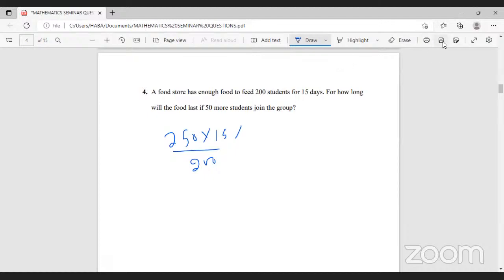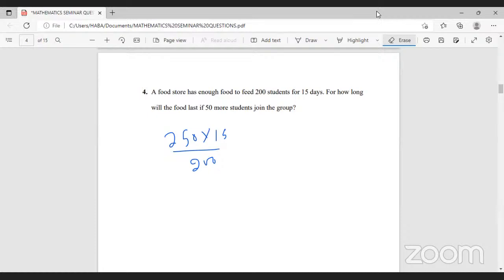What value shall we have? Those with calculators help us. 18.75.